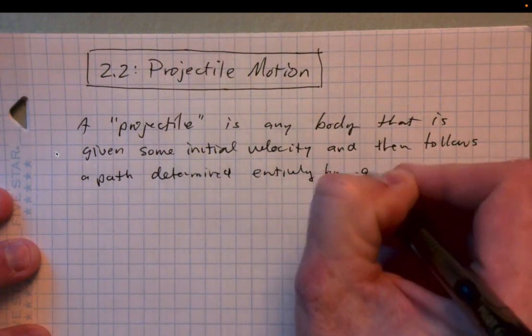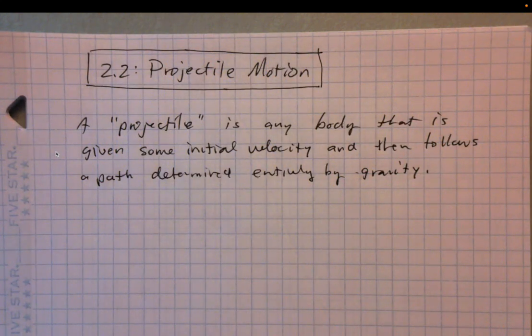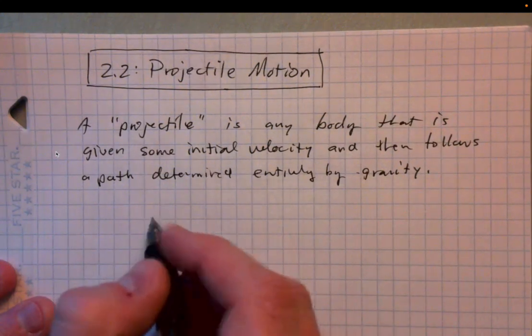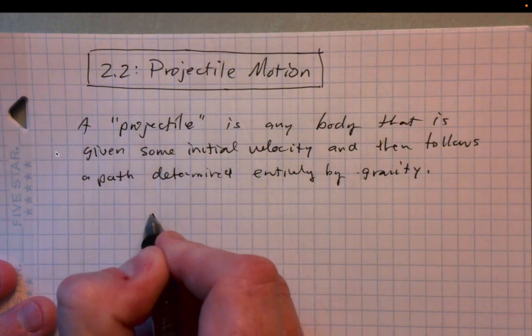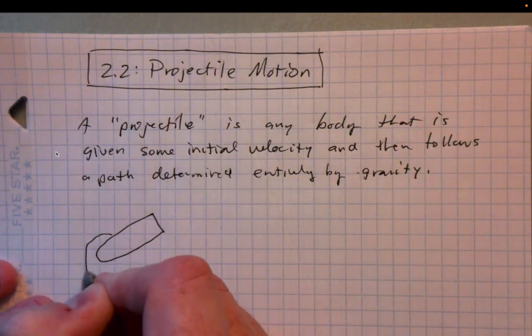Okay, and this should be a familiar concept. You throw a ball in the air, projectile motion. You drop something off of a roof, projectile motion. Maybe the most familiar example would be the cannonball example.